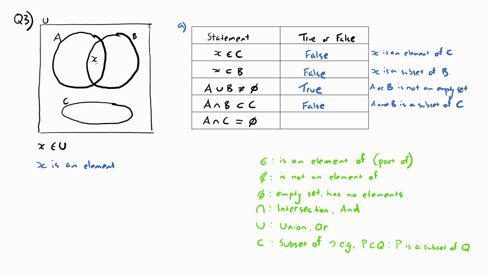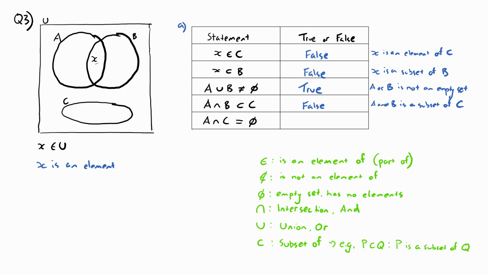And finally, A or C, apologies for that, I thought I had this written down incorrectly for a second then. This is A and C is equal to an empty set.